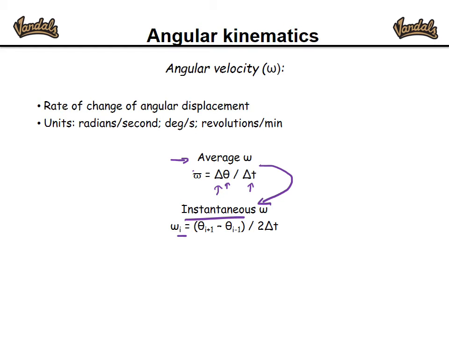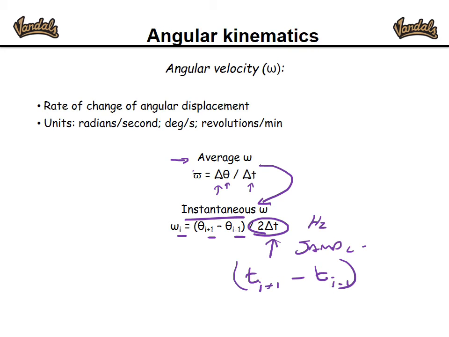At the ith element, we can figure out the instantaneous velocity if we take the ith element plus 1 minus the ith element minus 1. And I got lazy and just did 2 delta t because we typically only do this if we know the sampling rate, what the hertz are. If I didn't know that, then I would do ti plus 1 minus ti minus 1 as my denominator.